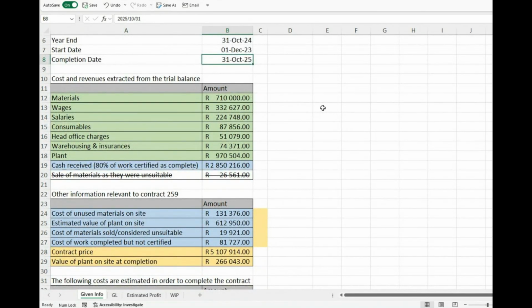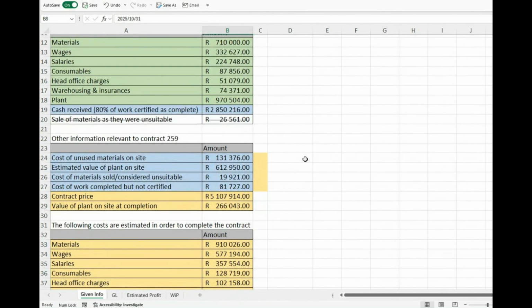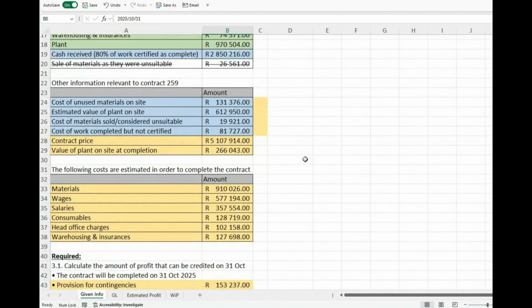Then they give you other information that's relevant to the contract: the cost of the used materials on site, estimated value of the plant on site, cost of materials that were sold because it was considered unsuitable, the cost of the work completed but not certified, the contract price, and the value of the plant at completion. And then they give you a third set of given information, and this is where they say the following costs are estimated in order to complete the contract.